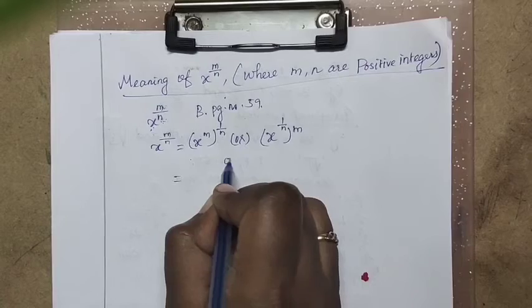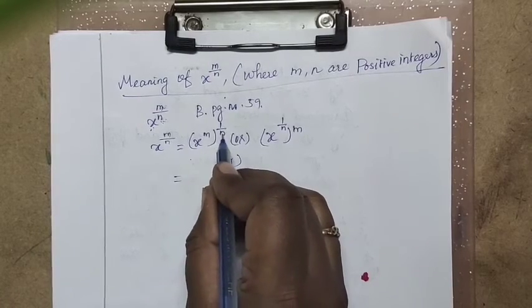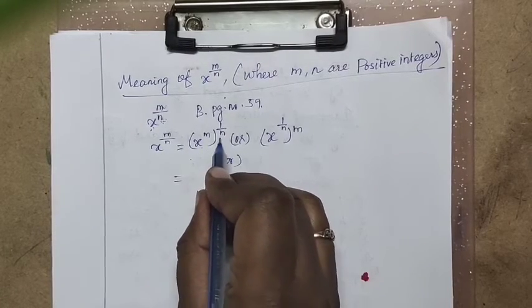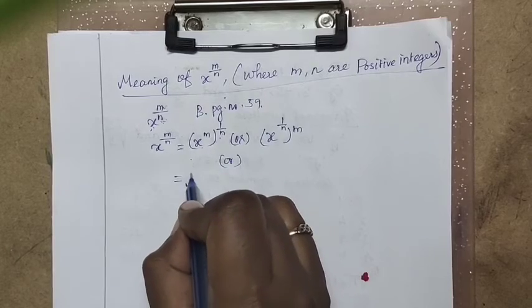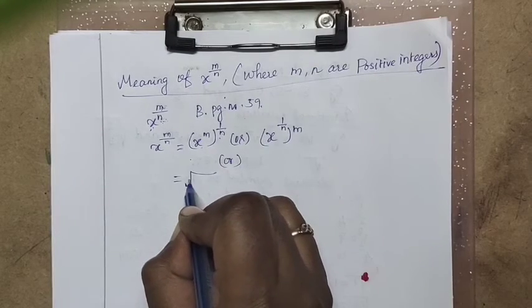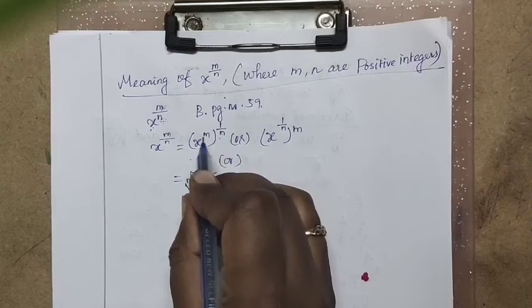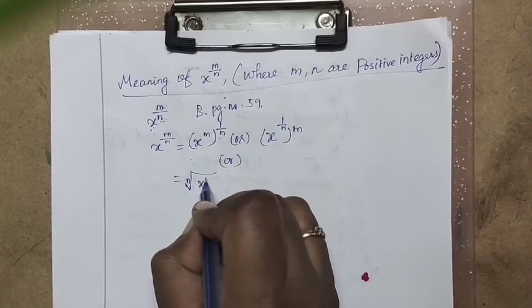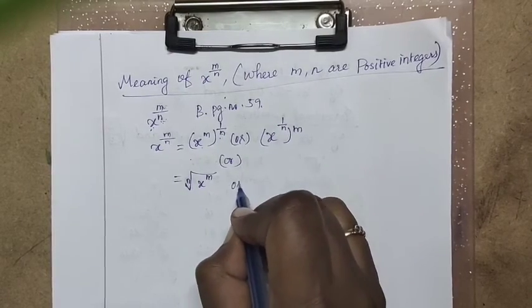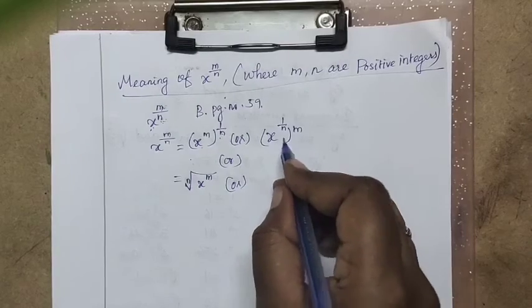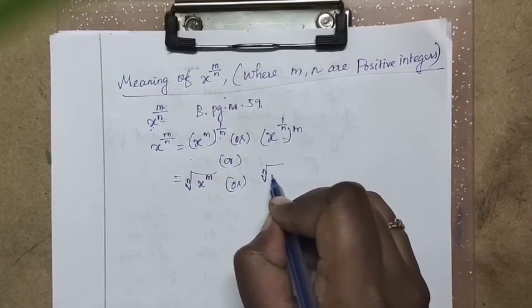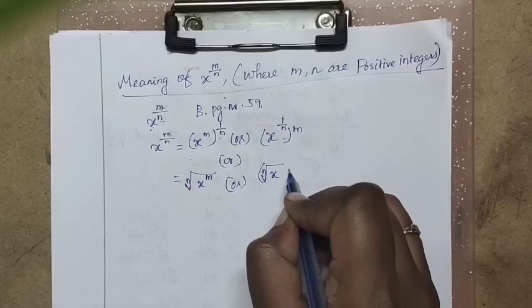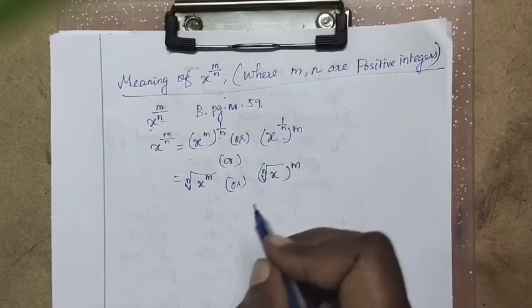In other way, we can write it as in radical notation form. If you write it, how will you write? Nth root of x power m. Are you clear?